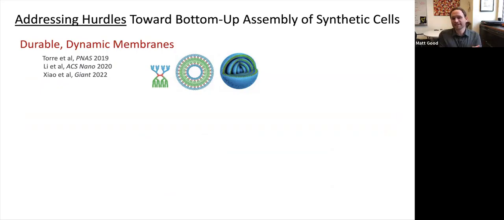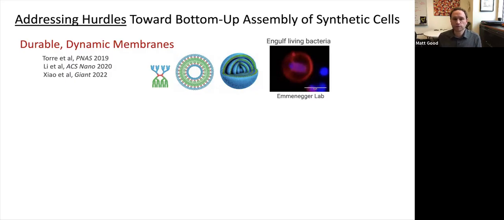Particularly for this community, I don't have to explain, there are a number of hurdles towards reconstituting cell-like systems, and my lab works to address a number of these challenges. Many of us work with vesicle-based systems. Rigid membranes really work well for drug delivery, but the synthetic cell needs durable and dynamic membranes, for example, capable of embedding proteins, interfacing with other protocells or living cells, for example, to engulf them.